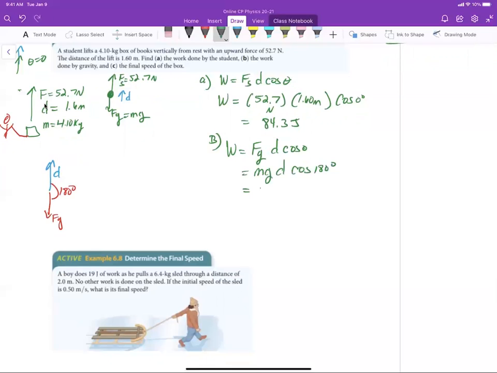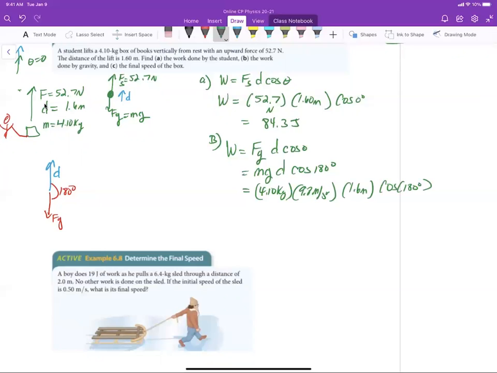So the mass of the book is 4.10 kilograms times 9.8 meters per second squared times 1.6 meters times cosine of 180 degrees, which is -1, by the way. Make sure your calculator is in degree mode.